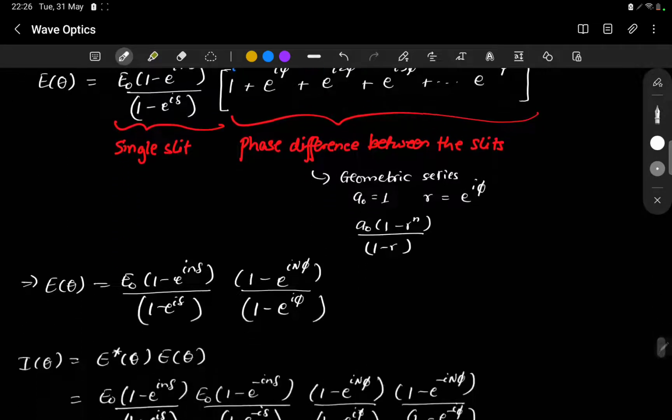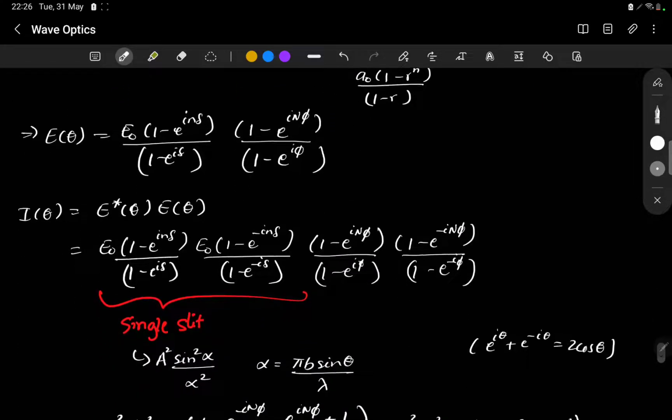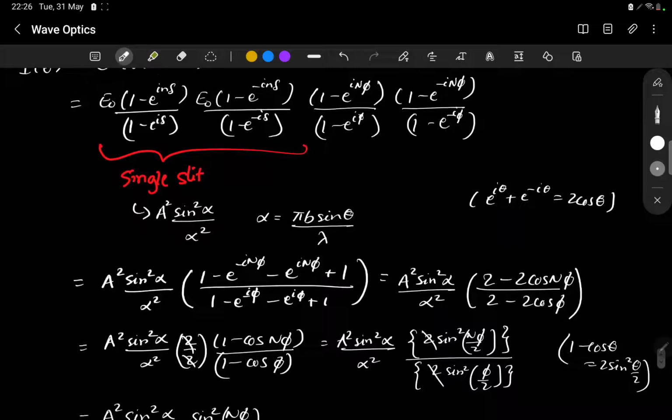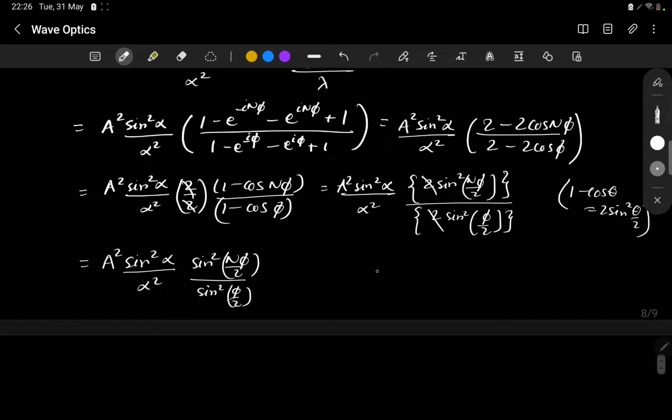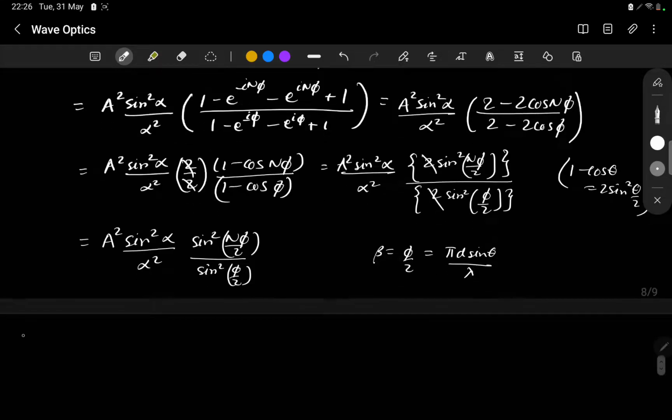So let us come down. So this finally gives us, using beta equal to phi over 2, which is equal to pi d sine theta over lambda. So finally our final expression for intensity is as follows.